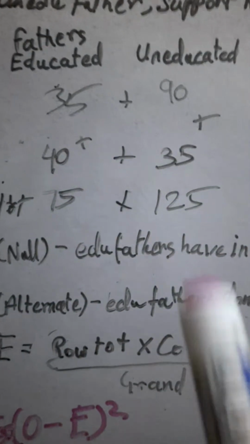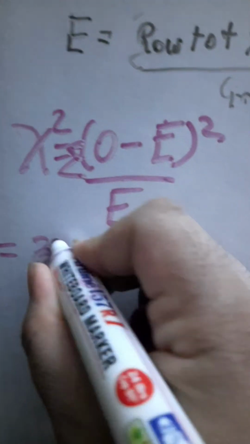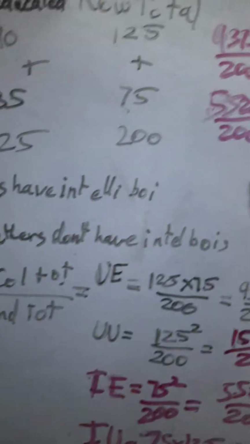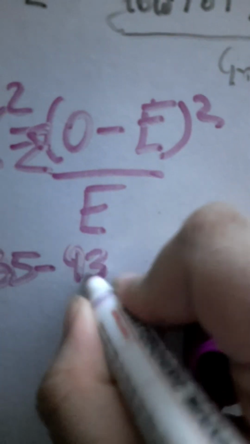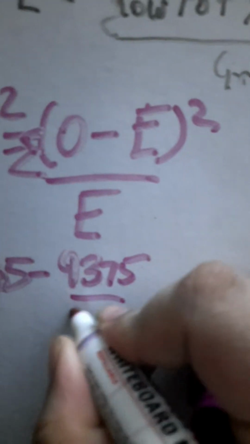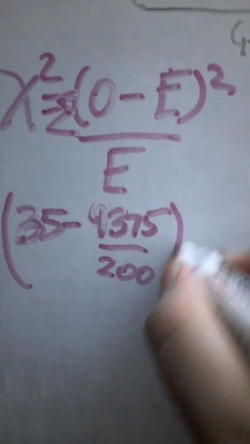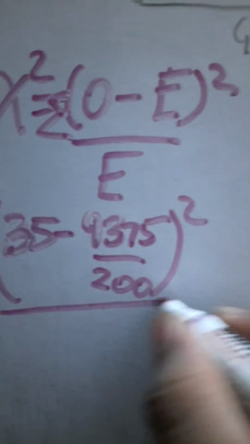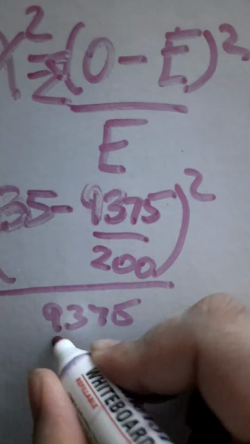So our observed frequency is this one, 35. So 35 minus this one, 9375 by 200, whole square, by expected frequency, which is 9375 by 200.